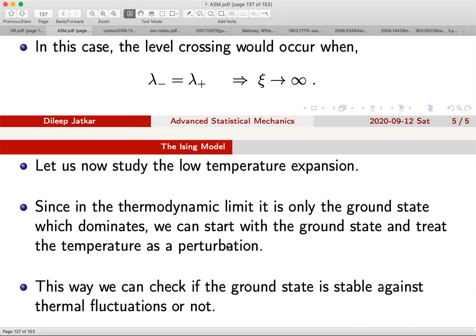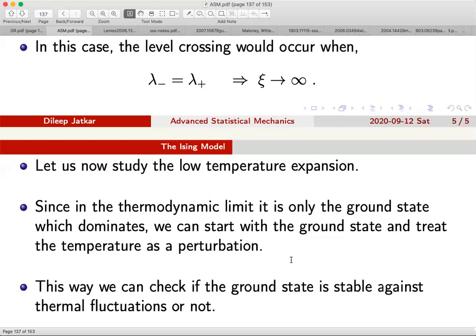Now remember, what we have been arguing is that if you are studying the system in the thermodynamic limit, then the dominant contribution to the partition function comes from the ground state. So at zero temperature, the most dominant contribution is going to come from the ground state. Therefore, we will look at the ground state of the system and ask, if I turn on a small temperature and treat temperature as a perturbation, how would the system evolve?